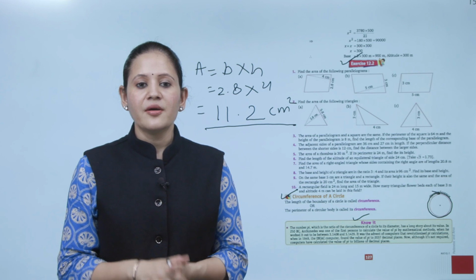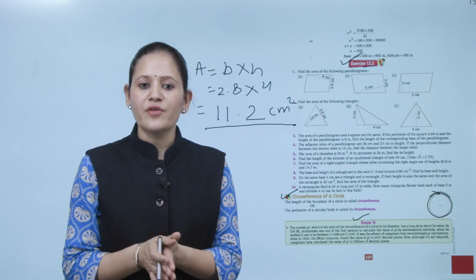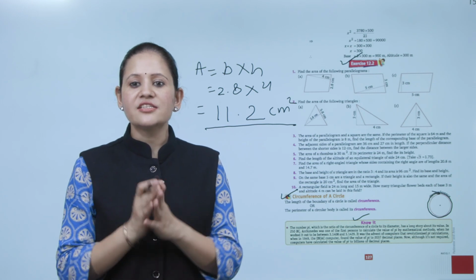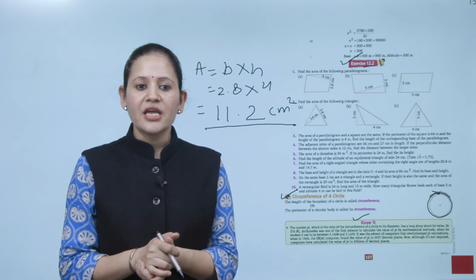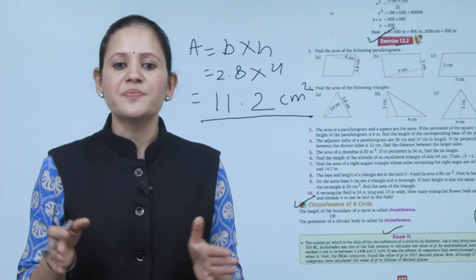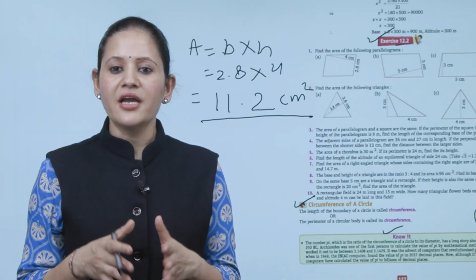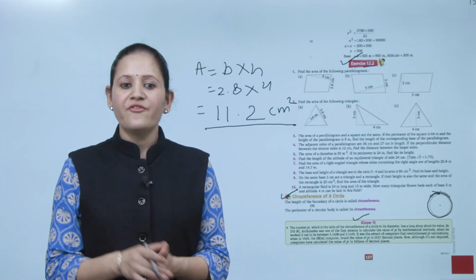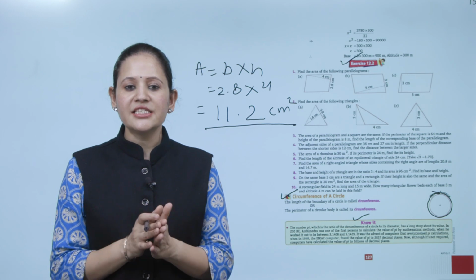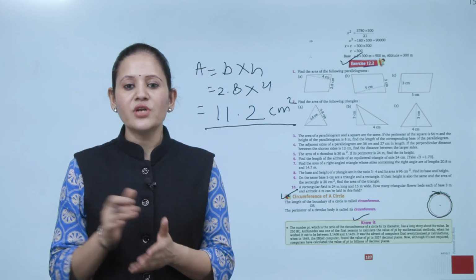Next, know it. The number pi, which is the ratio of the circumference of the circle to the diameter, has a long story about its value. In 250 BC, Archimedes was one of the first persons to calculate the value of pi by a mathematical method. He worked it out to be between 3.1408 and 3.1429.